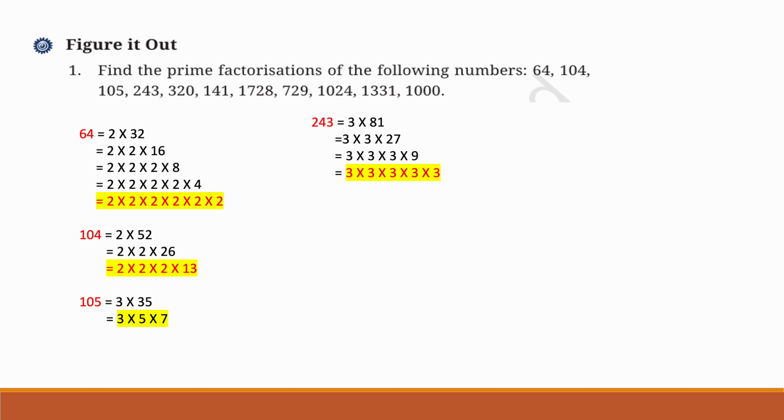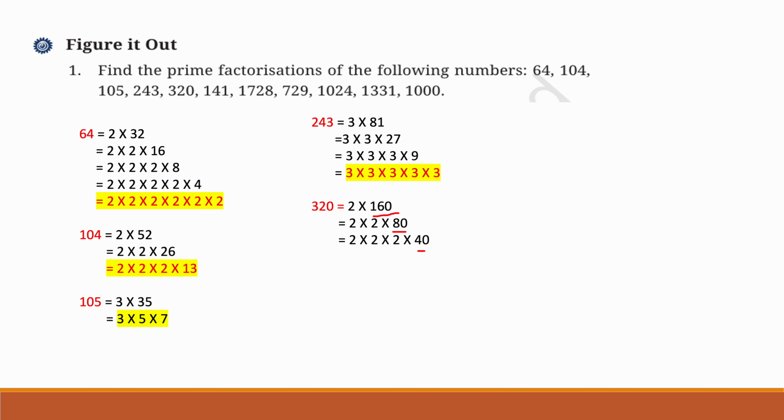Next number, 320. 320 can be written as 2 into 160. 160 is a composite number. We can rewrite it as 2 into 80. Again, 80 is a composite number. We can rewrite it as 2 into 40.